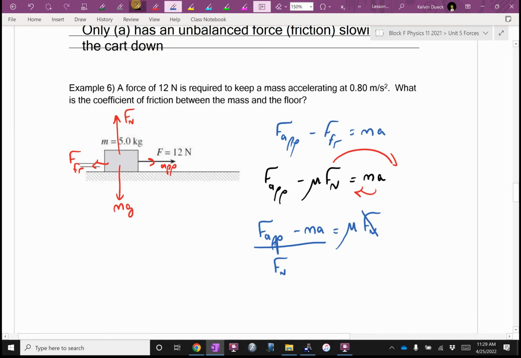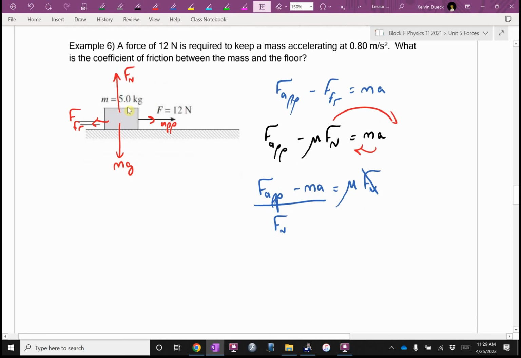So my final line, before I start plugging numbers in, I can say mu equals F applied minus MA all over mg. F applied, 12. M, 5.